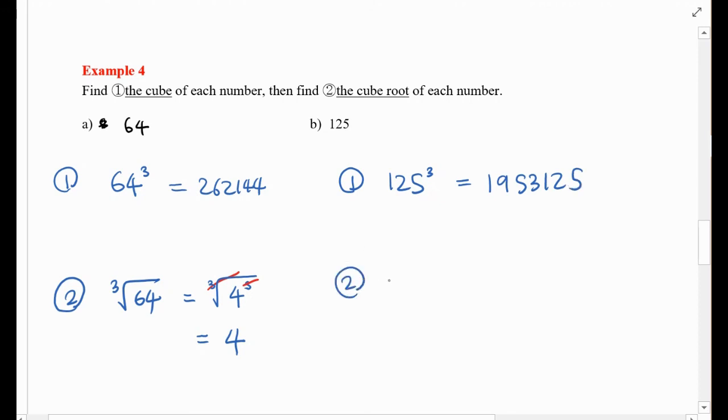Number 2, cube root of 125. What number do you have to multiply 3 times to get 125? That is 5. 5 cubed. So you can cancel the exponent and the cube root, and the answer is 5.